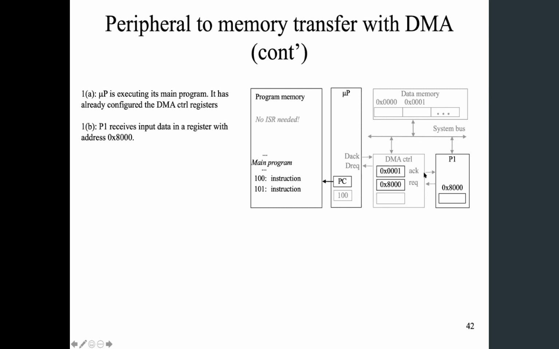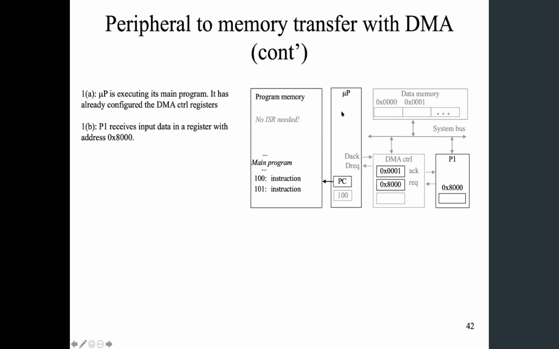Between the DMA controller and the peripheral, we have a request and an acknowledgement. Inside the memory, we have the main program. Here, we don't have an ISR, because with DMA, we are not really doing an interrupt service routine anymore. And we'll see how we're actually going to do the data movement.